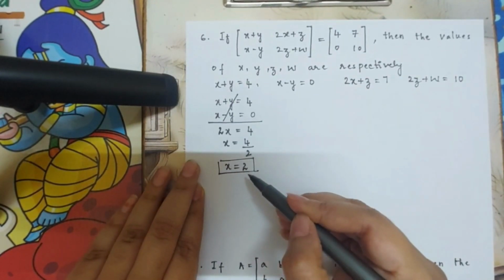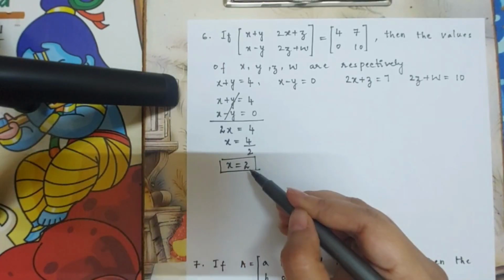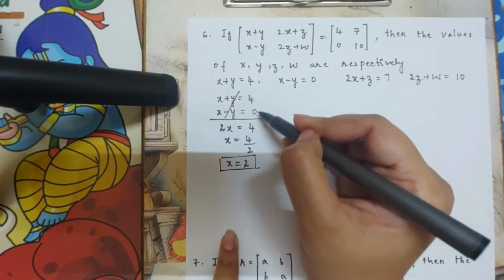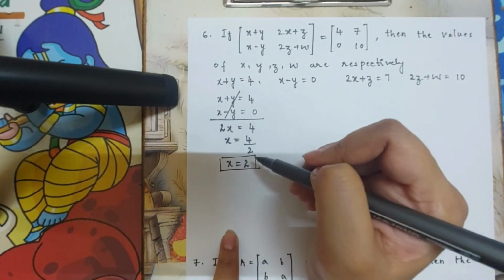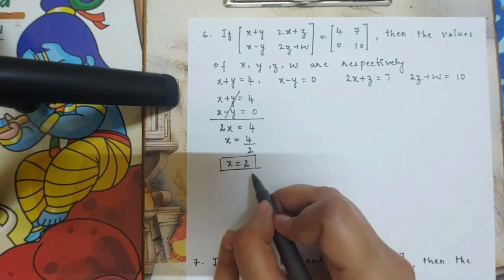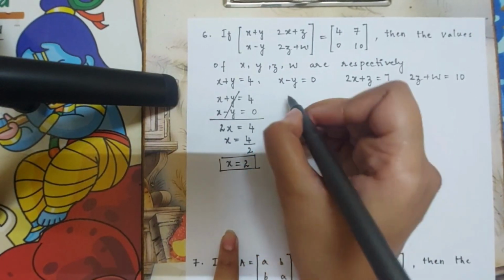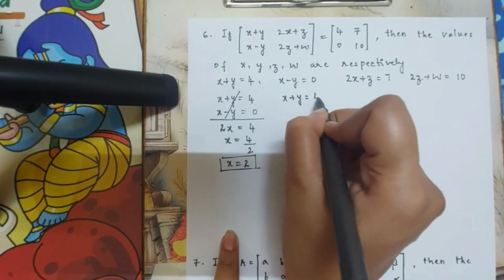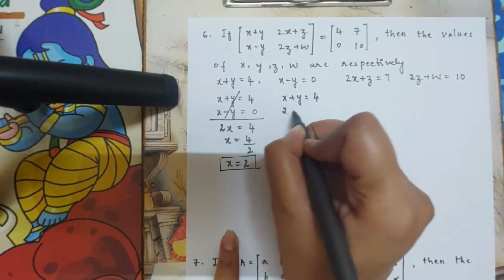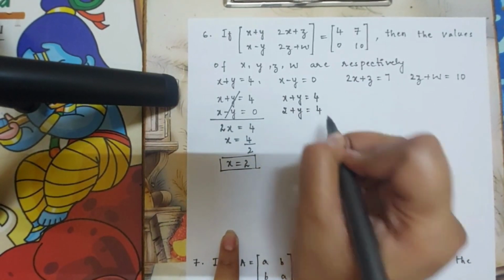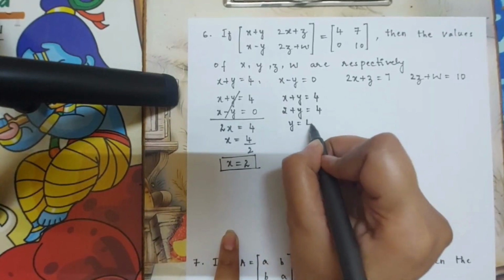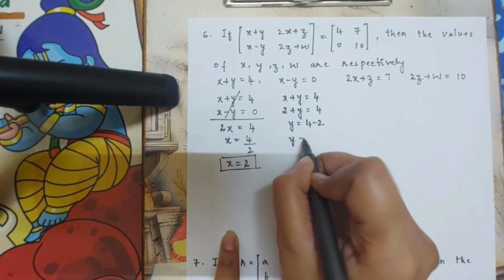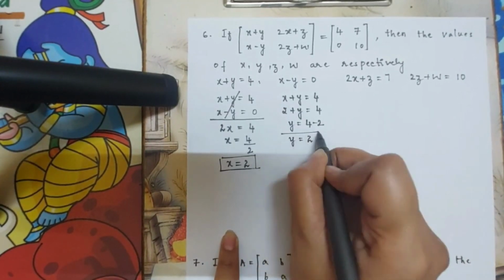Now I can substitute the value of x in either of the equations so that I get the value of y. So let me substitute the value of x in the first equation. So x plus y is equal to 4, so 7 plus y is equal to 4. So y will be equal to 4 minus 7. So the value of y is minus 3.